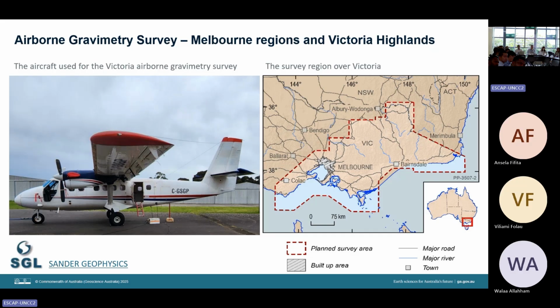So Sander flew this area with their AIRGrav system on board the plane, which is a scalar gravimeter that met our accuracy requirements. And they flew it in a dual propeller plane, which is shown there on the left.